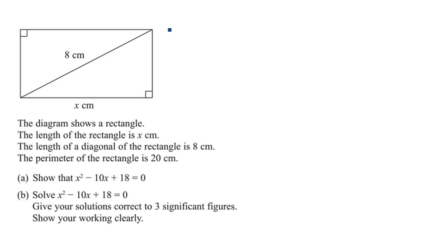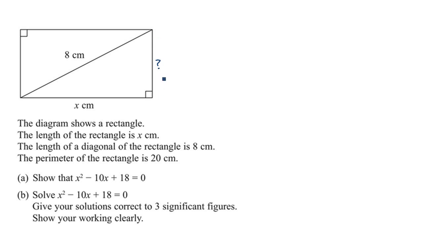So the very first thing we're going to do is just complete the diagram a little. So the diagram shows a rectangle. You've got x centimeters along here and 8 centimeters along here. But what we really need to know is what is this dimension here. Okay, and we can see that it's a right-angled triangle. So there's a couple of ways of completing this.